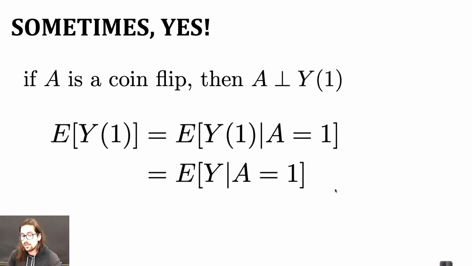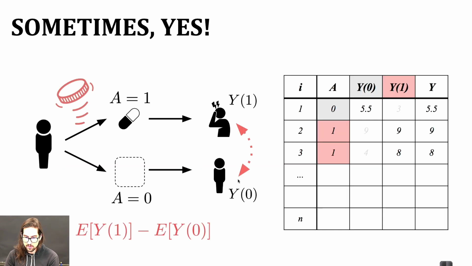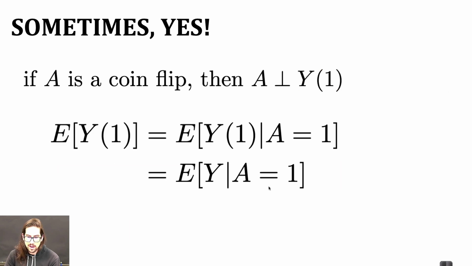And now all I'm doing here is saying that the observed outcome for people who were treated is actually just the potential outcome under treatment. So if you look at this data set here, and I subset it to just the people who have 1s here, and I ask what is y, well, it's y1. So in this subset of A equals 1, y1 and y are the same thing, and that's why I can substitute.